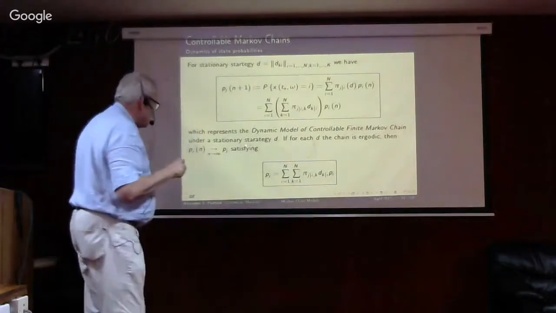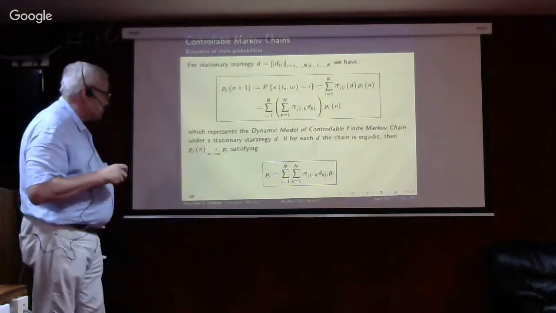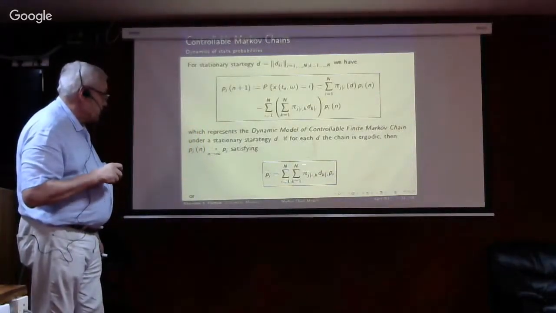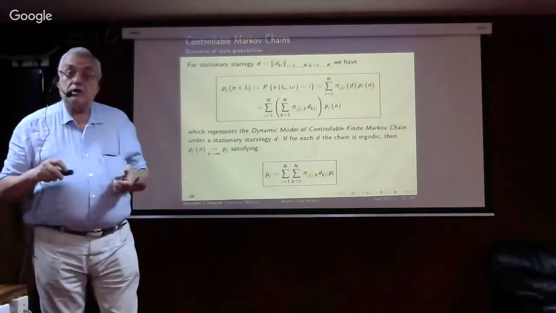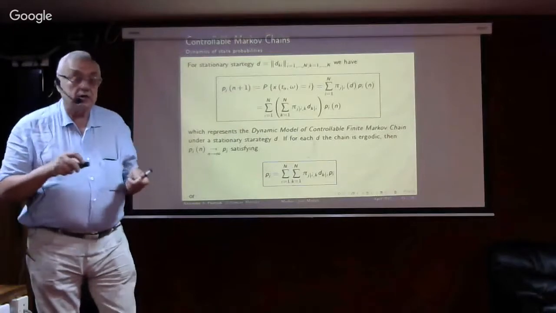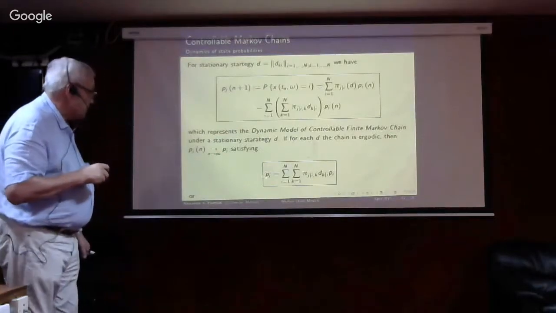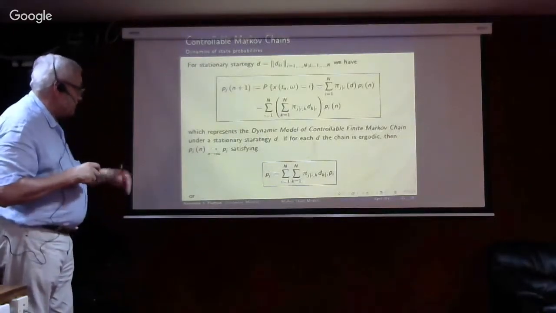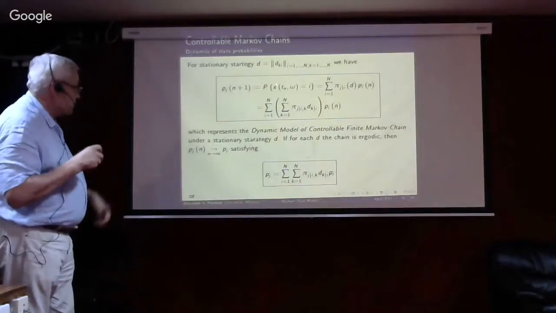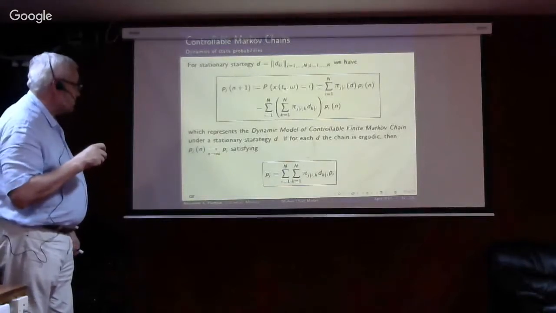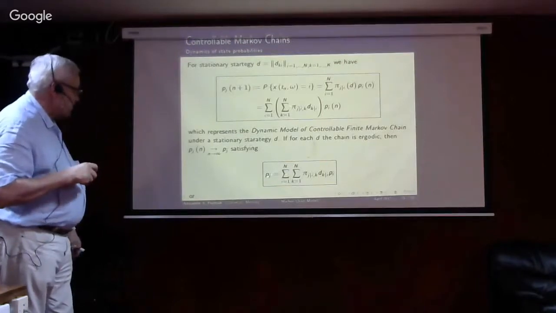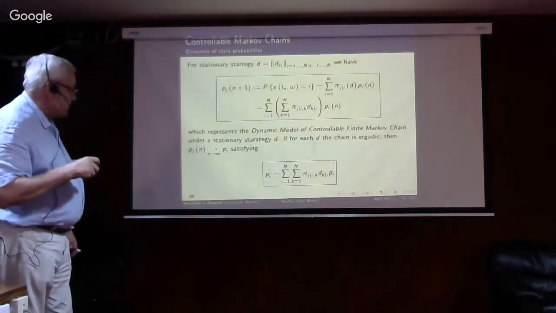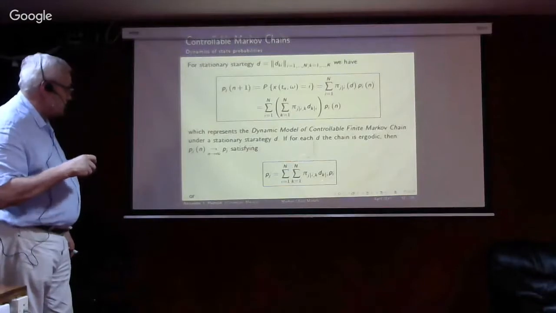If our strategy is constant, if D is constant, and all the considered transition matrices are ergodic, we can prove that this vector converges to this representation.